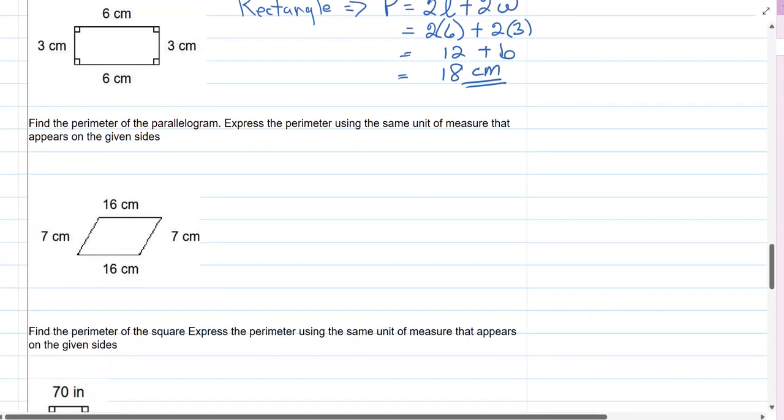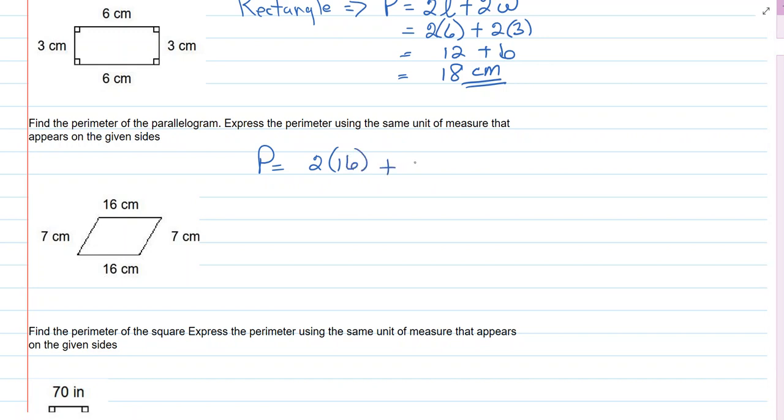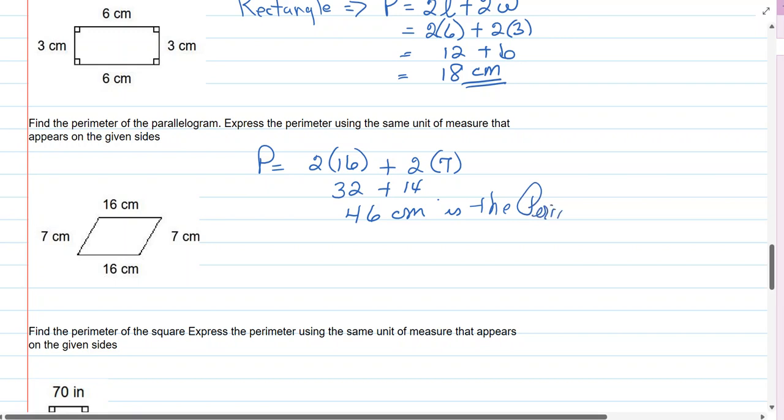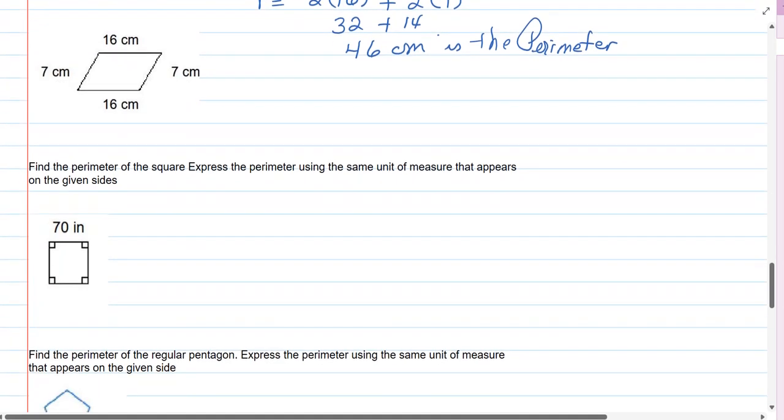Find the perimeter of the parallelogram. Again, the perimeter is going to be the sum of the sides. Well, I have 2 times that 16 plus 2 times the 7. This is 32 and 14, so it looks like 46 centimeters is the perimeter. Nothing hard. We want the perimeter of a square.